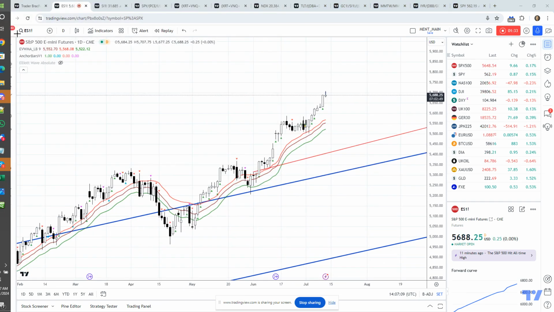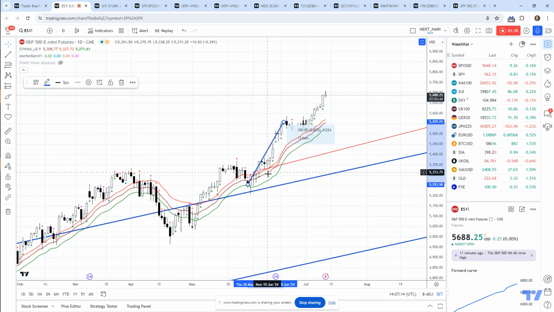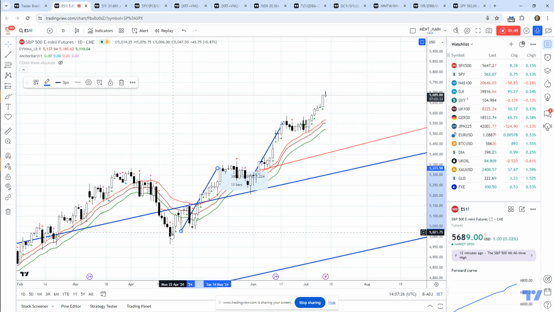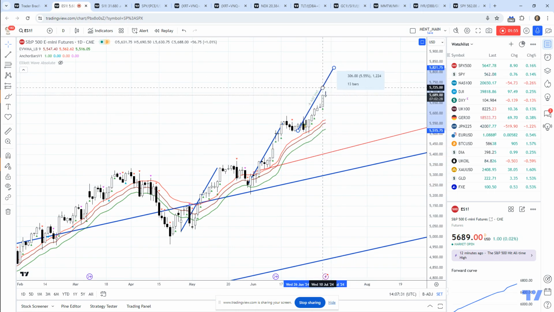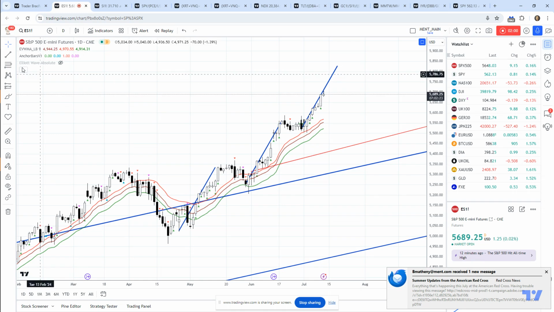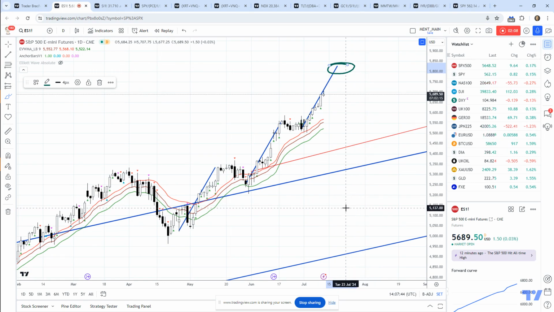So I'm going to highlight basically this middle leg, and copy paste and try to find this legging formation roughly in this area, from roughly this low up to this area, and then we will drag this from here to here, roughly this low, which would indicate that we are looking at a target area up here, 5,800 on the ES.